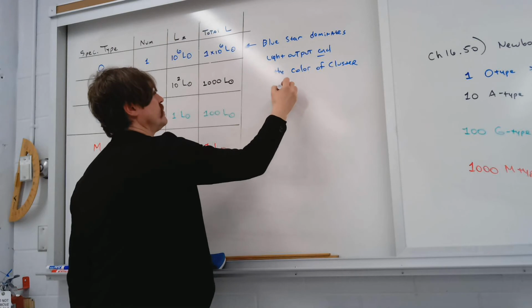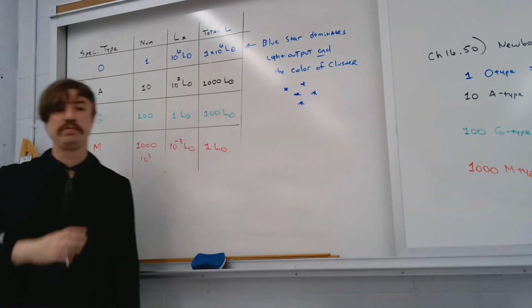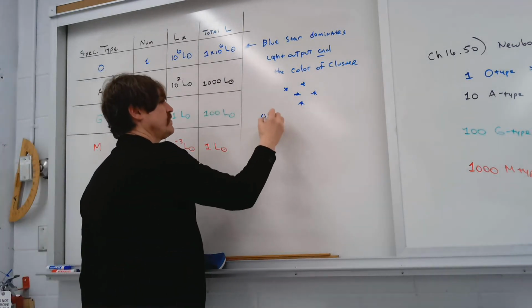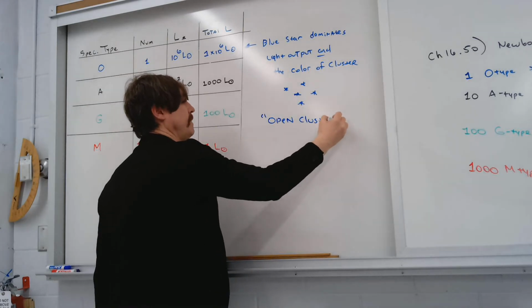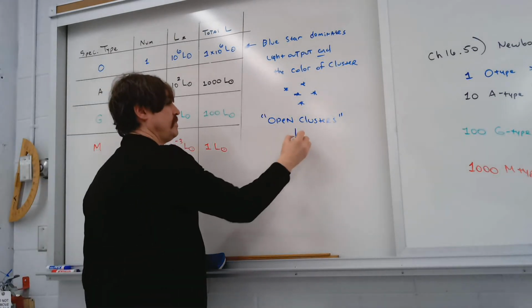And so this cluster of blue stars, well, in this case there's only one, but in general, the blue stars will outshine all the other stars. And these types of clusters are called open clusters in astronomy. Open clusters, for example, would be like the Pleiades.